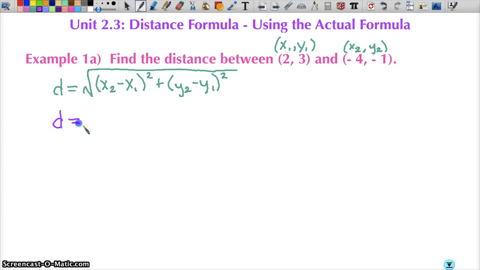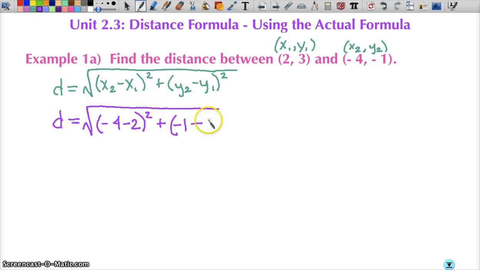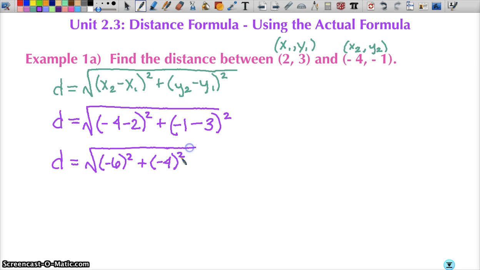So d equals, we have our square root, and it goes over this whole thing. So x2 would be a -4 minus 2, and then we square it, plus our y2, which is -1, minus y1, which is 3, and square it. Moving on down to simplifying, we have -6 squared plus -4 squared.